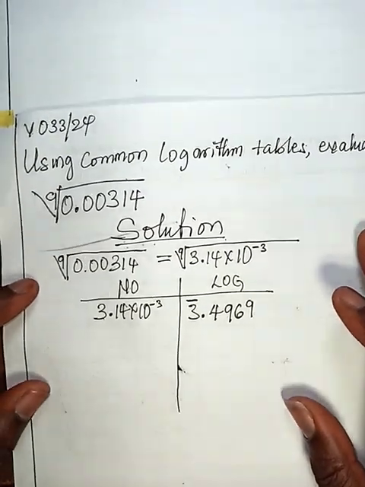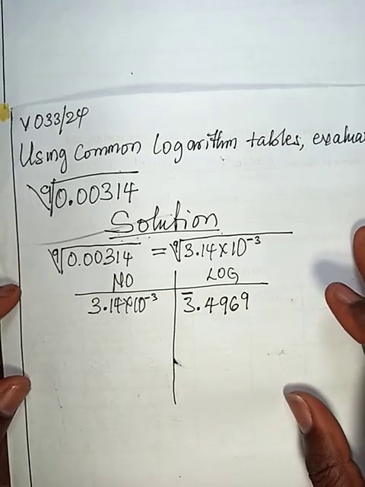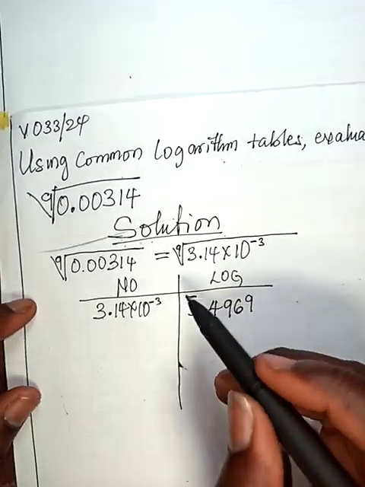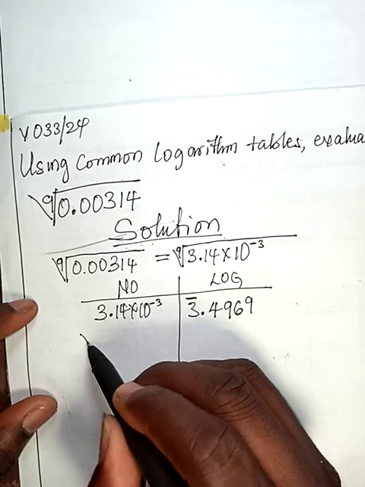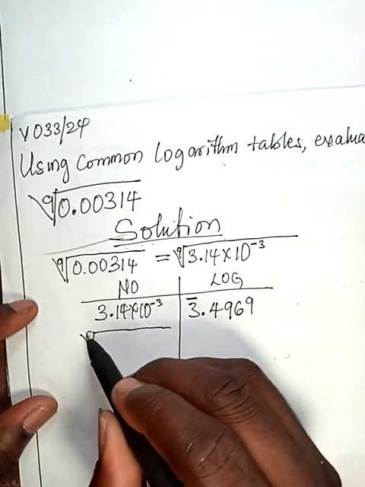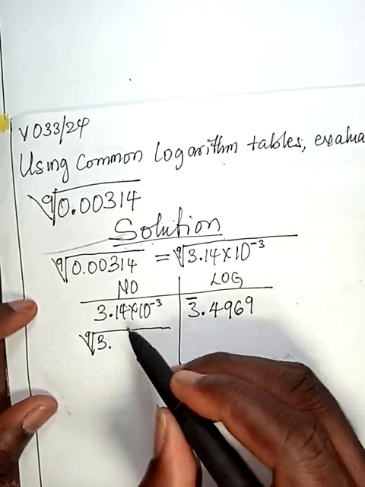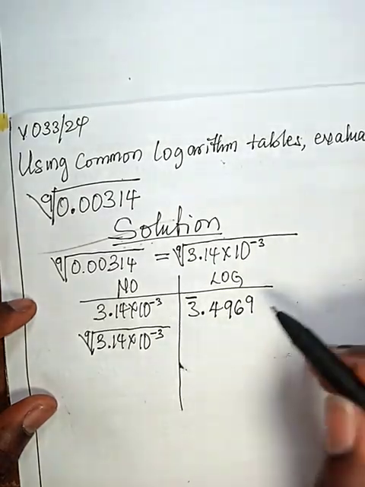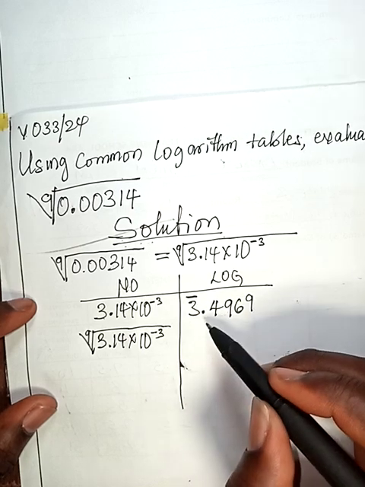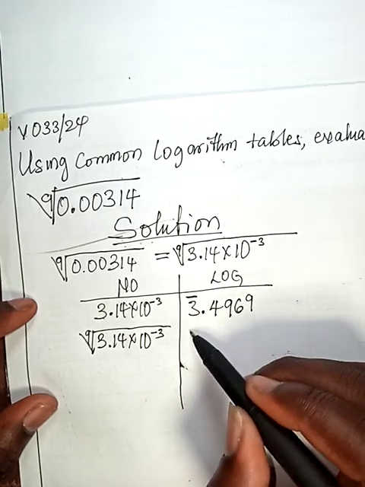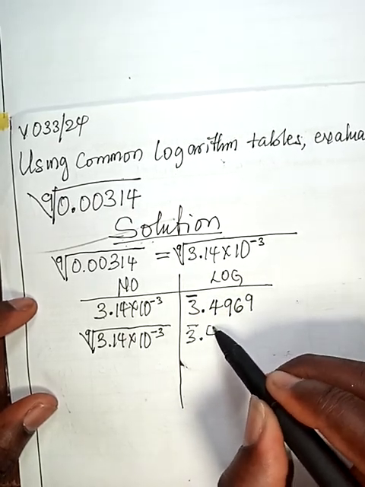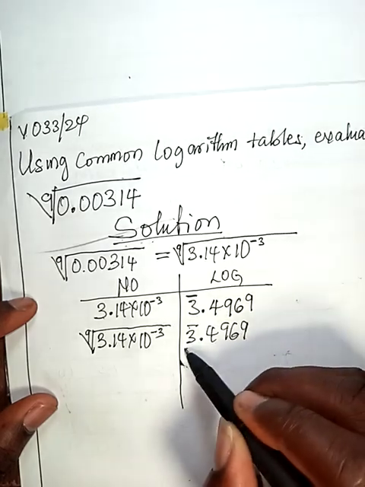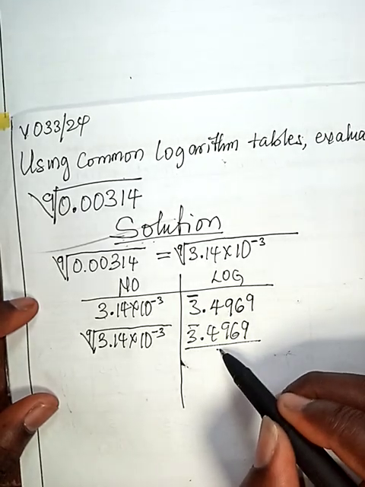You can also get this from the log table. Now the ninth root of this expression, 3.14 times 10 raised to the power negative 3, will be the same thing as what we have here, bar 3.4969 divided by 9.